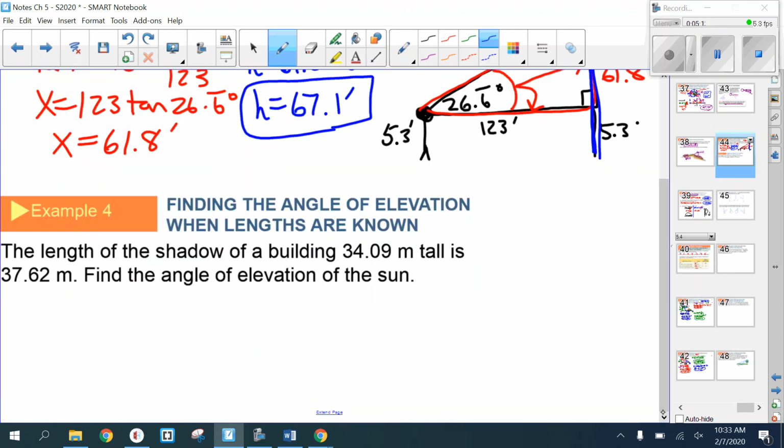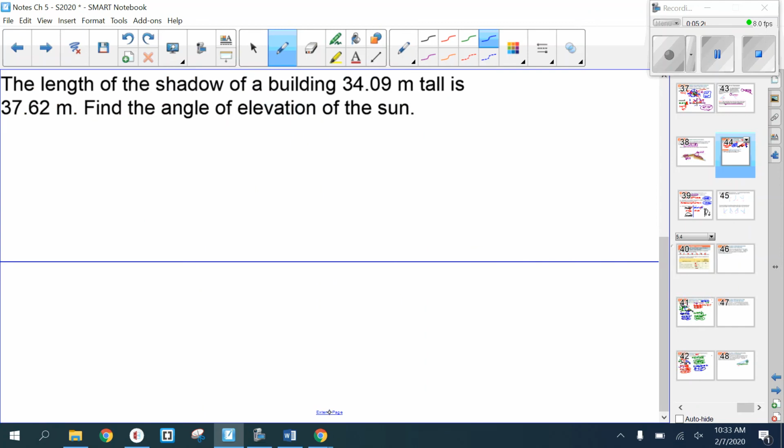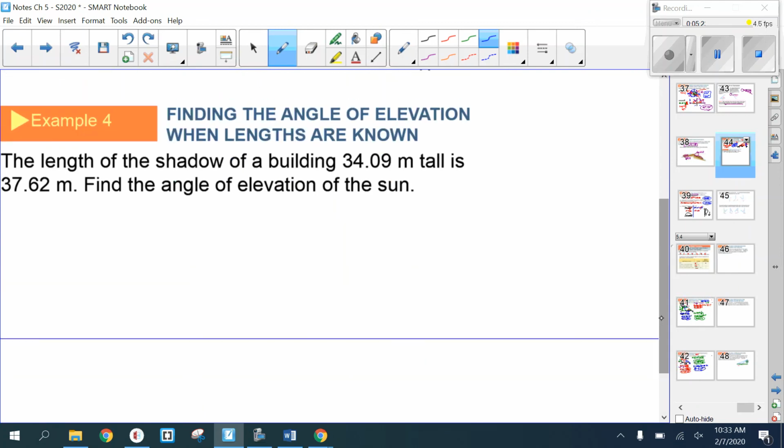Example 4. The length of the shadow of a building 34.09 meters tall is 37.62 meters. Find the angle of elevation of the sun. So you might start with the sun. I know you don't have a whole lot of room here, but make do.